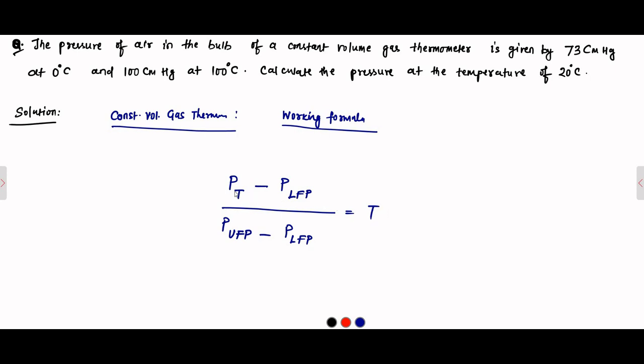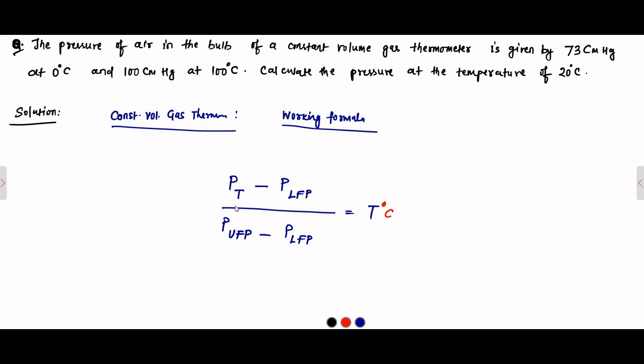So we have the pressure reading at that particular temperature, the pressure at the lower fixed point for that scale, the pressure at the upper fixed point for that scale, and again the pressure at the lower fixed point. That gives us the temperature reading for that scale. Here we have the Celsius scale, so it is T degrees Celsius.